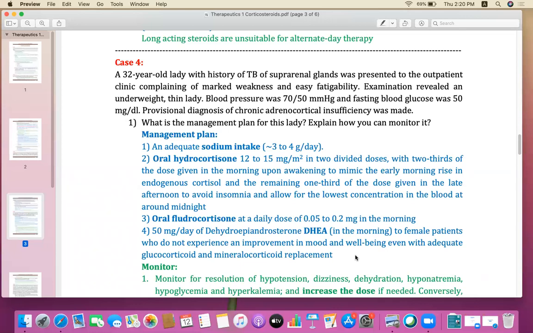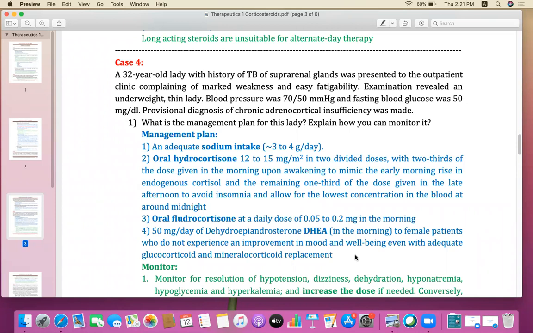So what is the summary of the treatment? To take care of the blood pressure, use normal saline solution. To take care of the hypoglycemia, 5% dextrose solution.